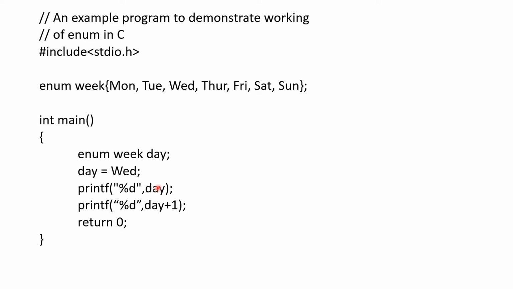So it will print 2. Also you can do such operations on this enum data type. Suppose I say day plus 1, it will give you the output 3, because the day right now is Wednesday, which has value 2, and 2 plus 1 is Thursday, and it will display the value 3 on the screen. So the output of this program is 2 and 3. This is the way to use the enum data type.